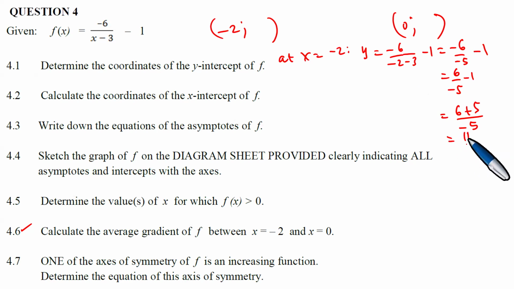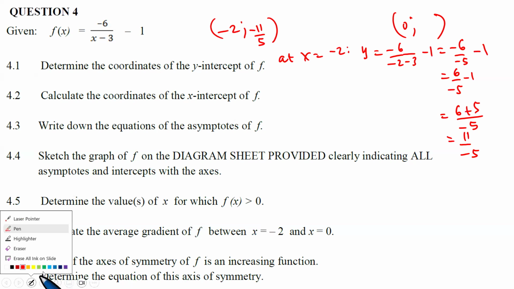And this is exactly 11 over -5. So you're getting 11 over 5, like that. And also the other one, you have the other one.